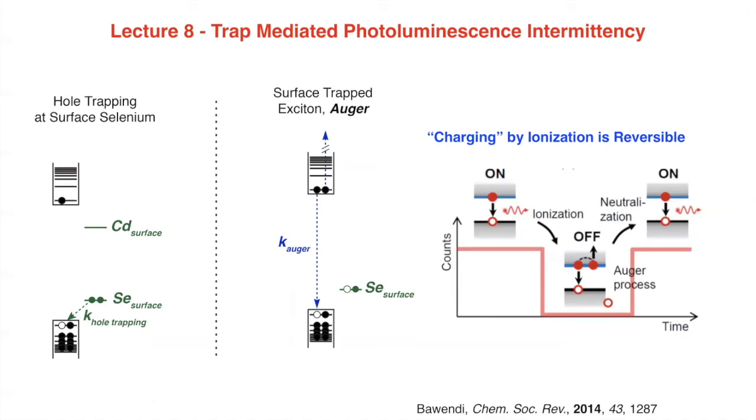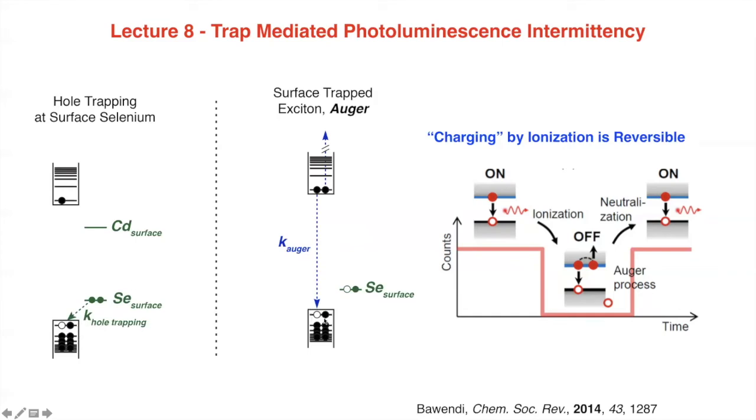So let's just say you have a photoexcited quantum dot with a monoexciton in it, and it undergoes rapid hole trapping. Okay, so good old simple monoexciton, surface selenium electron pair ionizes and reduces this valence band hole, and now you end up with the situation where you have a valence band hole on a surface selenium, and you have an extra negative charge in the conduction band level.